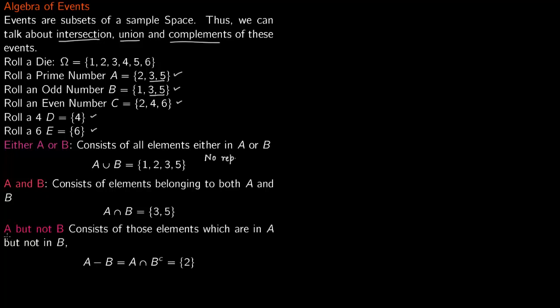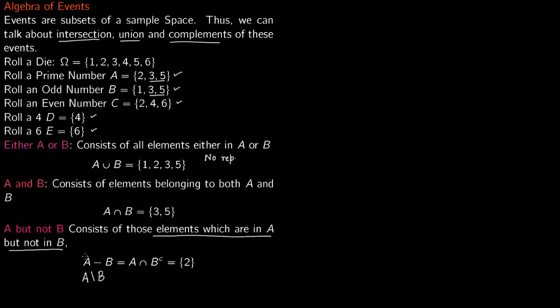Now we talk about A but not B. It consists of elements which are in A but not in B. You write it as A minus B. You also write it as A backslash B. This is nothing but A intersection B complement.